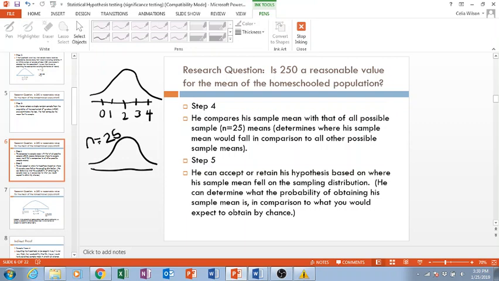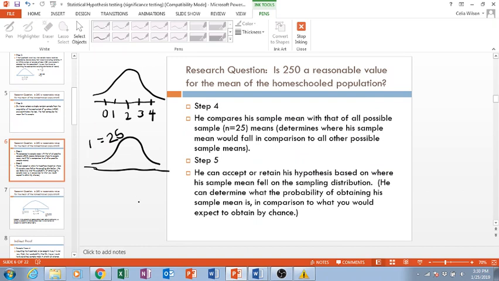Remember, there's a distribution for every sample size, a theoretical distribution, because, right, we can't do it, but if we could randomly sample for infinity, we would end up with a nice normal distribution, right?